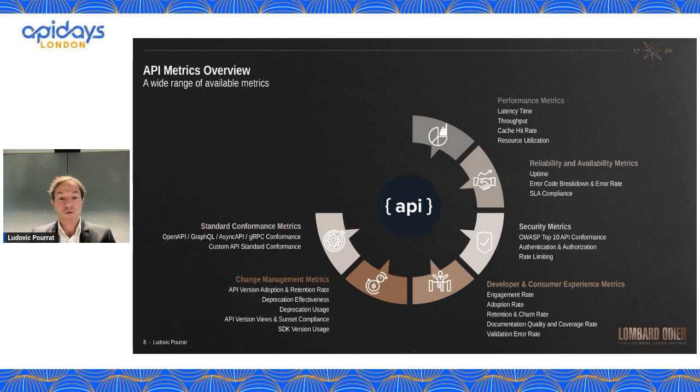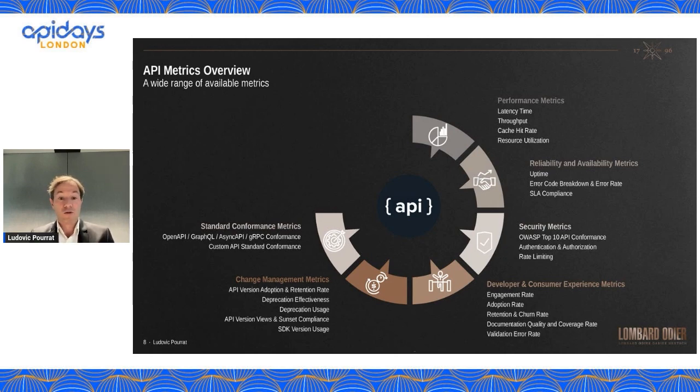On the change management metrics, the idea is to focus on understanding the adoption and the retention, but also whether your deprecation policy is effective. If you plan to deprecate V1, for instance, in 6 months, but 1 month before your deadline you still have 80% of your consumers consuming that one, that is really important to gather and to oversee.